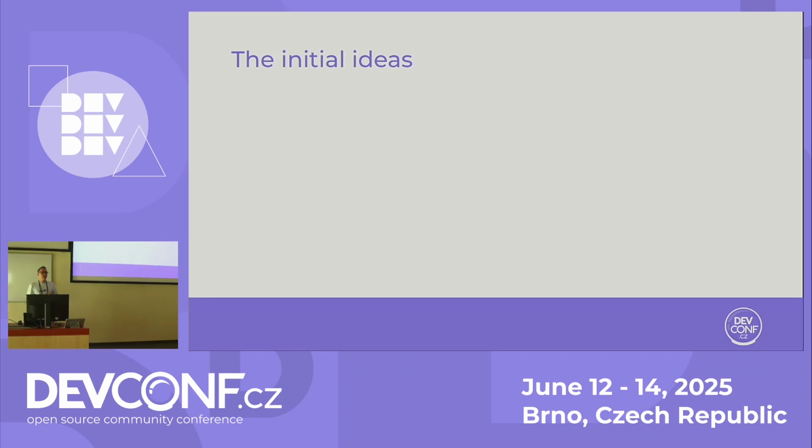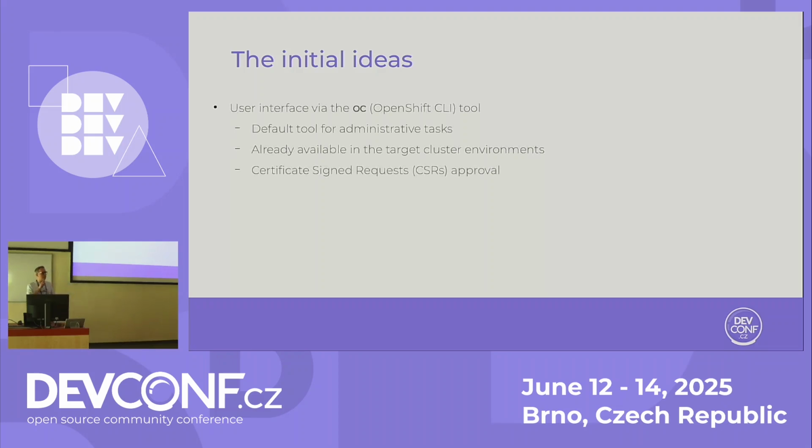So, given all these issues, what are the pillars on which we tried to shape and design this new approach? The first one was that we wanted to implement it in the OpenShift CLI tool. The oc tool is the tool that every OpenShift admin or OKD admin uses for managing the cluster.